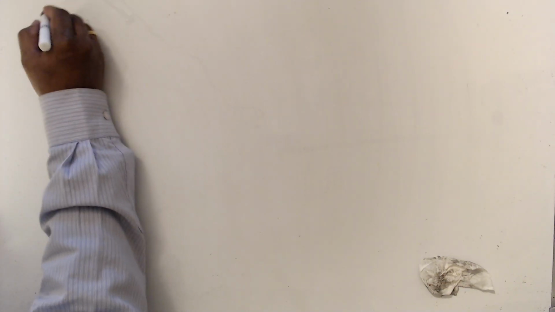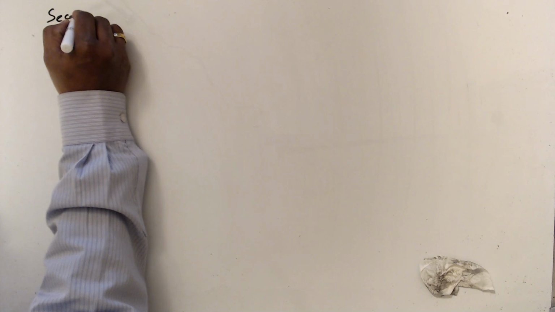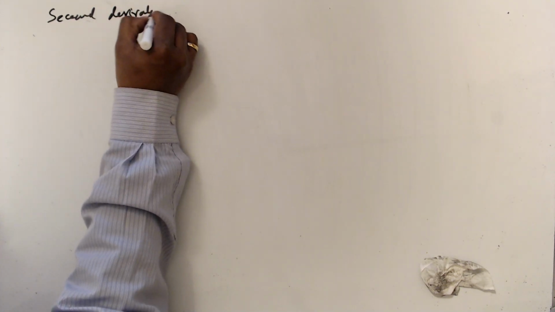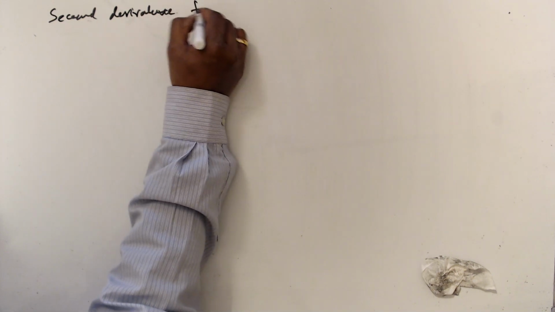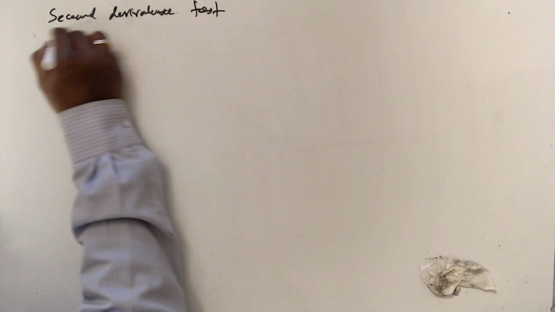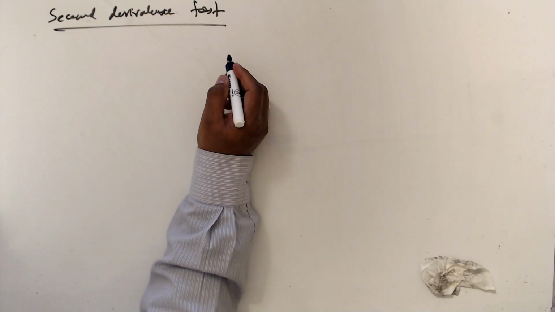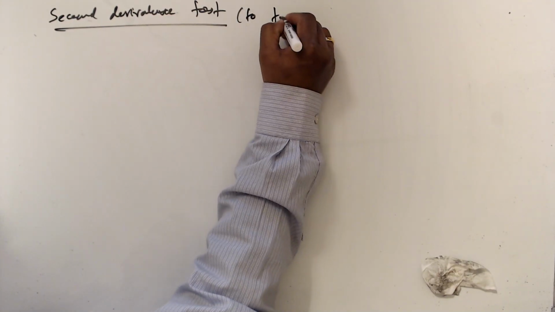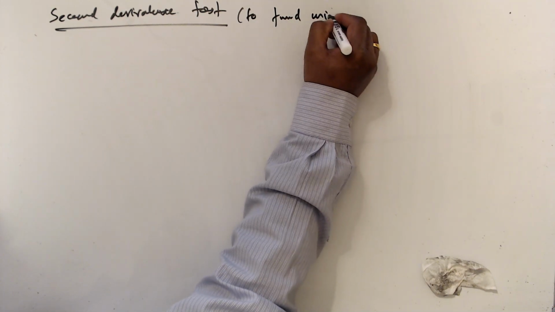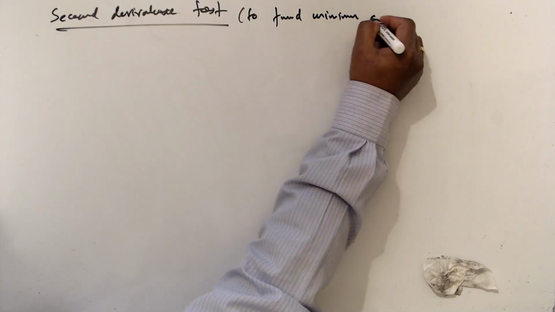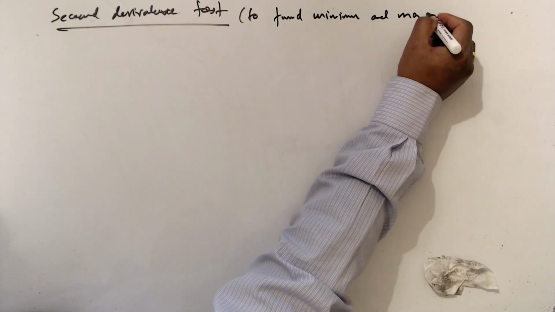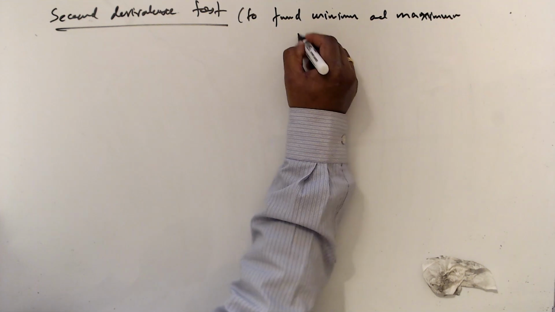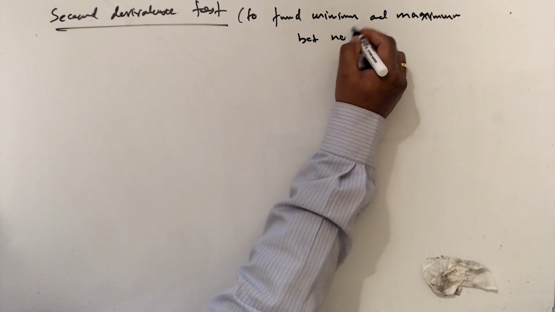Now let's discuss the second derivative test. It is to find minimum and maximum, but no inflection.